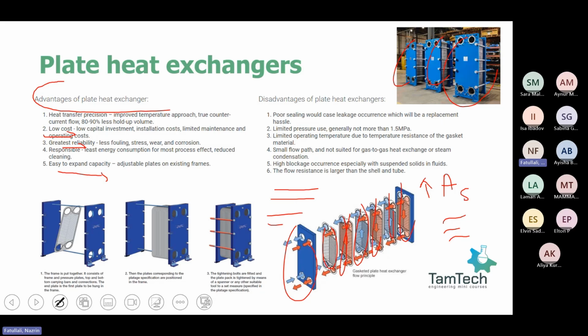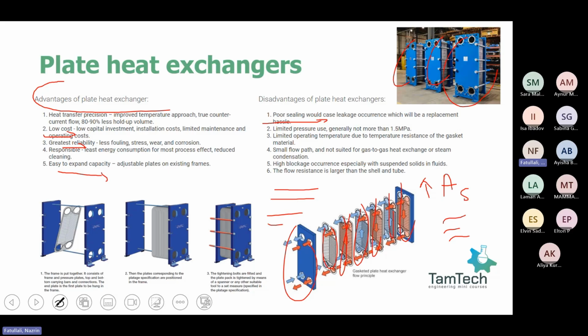If you have impure material, any suspended solid in your fluid can block the channels and, of course, decrease your transfer area and transfer coefficient. So it means you need a very clean stream if you are using a plate exchanger.